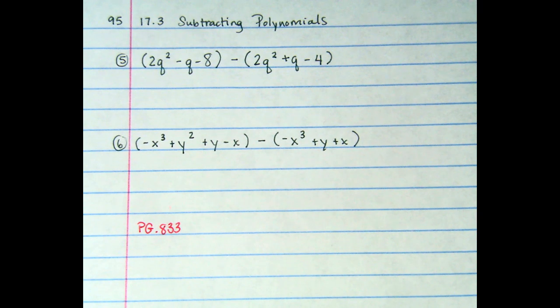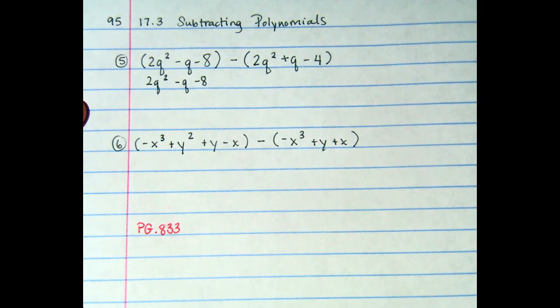Alright, so before we start numbers 5 and 6, you need to check out page 833. Alright, number 5. What did you guys do first? Brought down the first piece, 2q squared minus q minus 8.